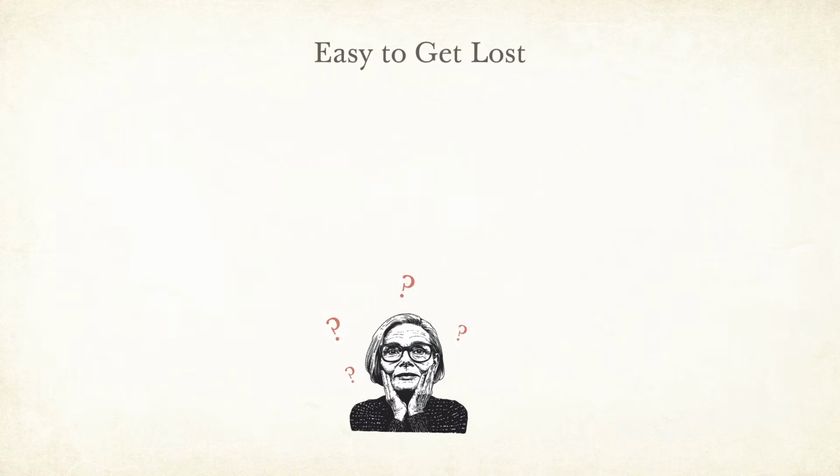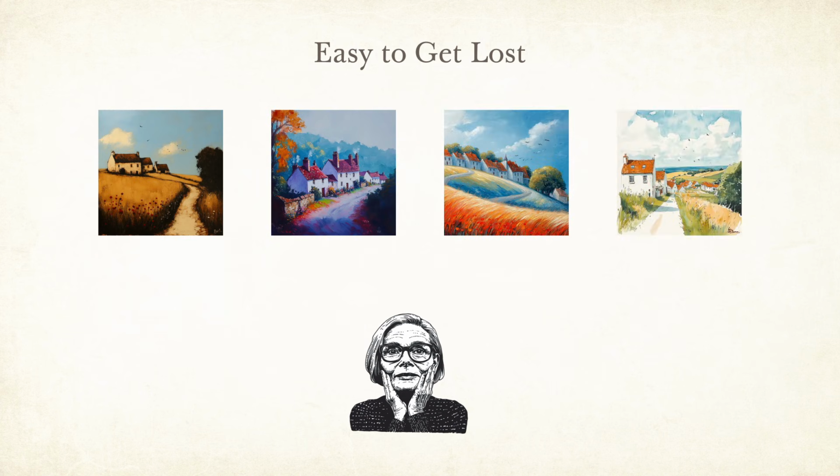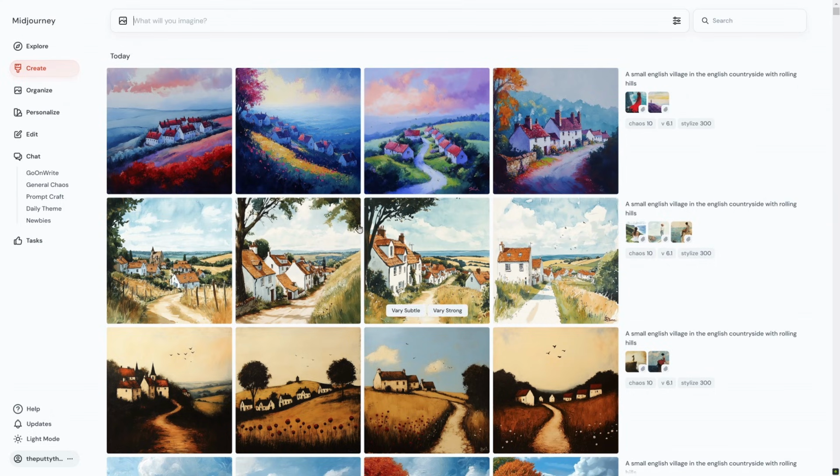At this stage, my advice with MidJourney is that you can get lost playing around with generations and create hundreds of images. So there needs to be some way of remembering the good stuff so you don't have to search through everything again for what you like. So if you like something, my advice is to like it. You do this by right-clicking and clicking on like this.